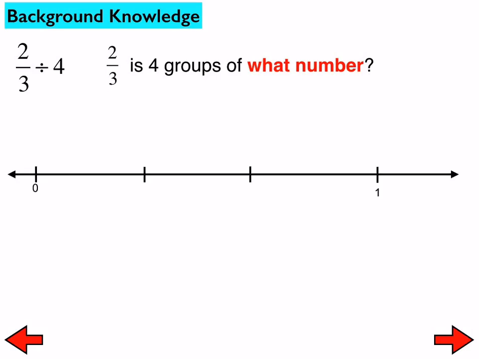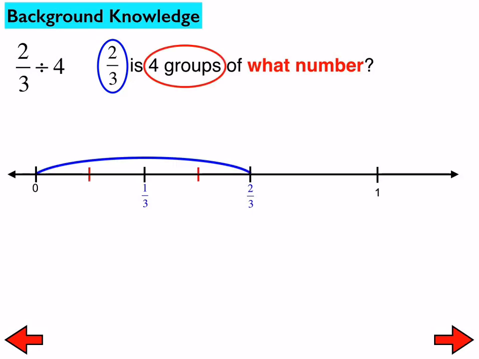2/3 is 4 groups of what number? So if we take our number line, and it should be clear to you since it's broken into thirds that that's 1/3, that's 2/3, and then we have 3/3, which is 1. But we're trying to think of this as 2/3 is 4 groups of what number? So from 0 to 2/3, the way it looks right now, it's broken into 2 groups. But we need 4 groups, so what we're going to need to do is break that into 4 groups, like that.